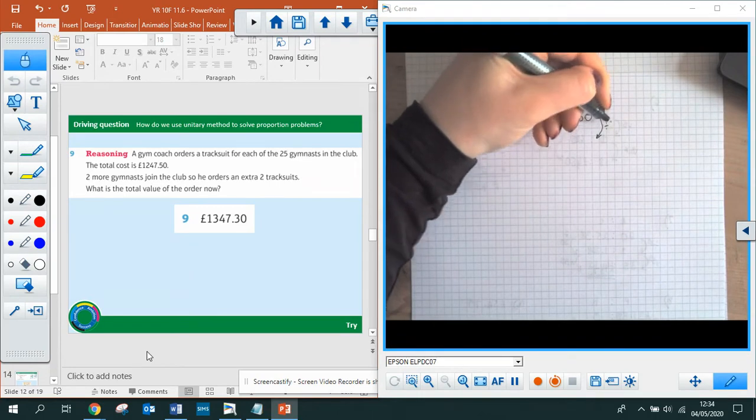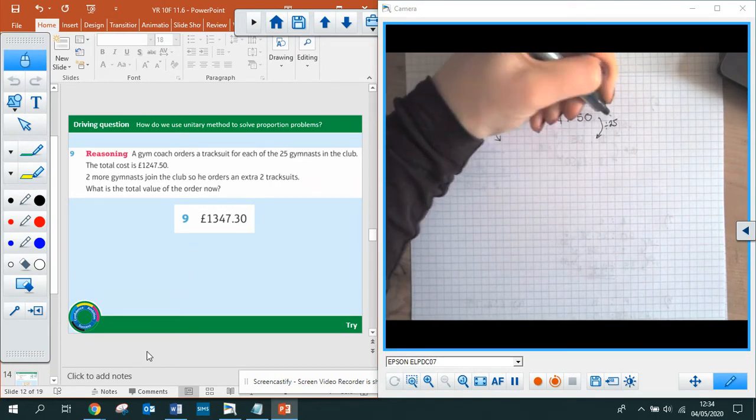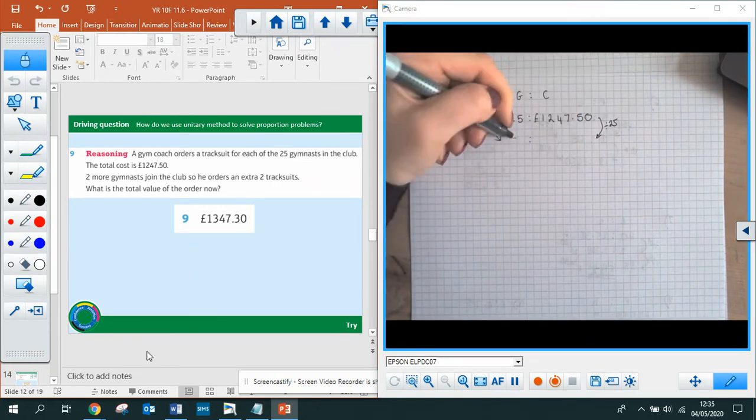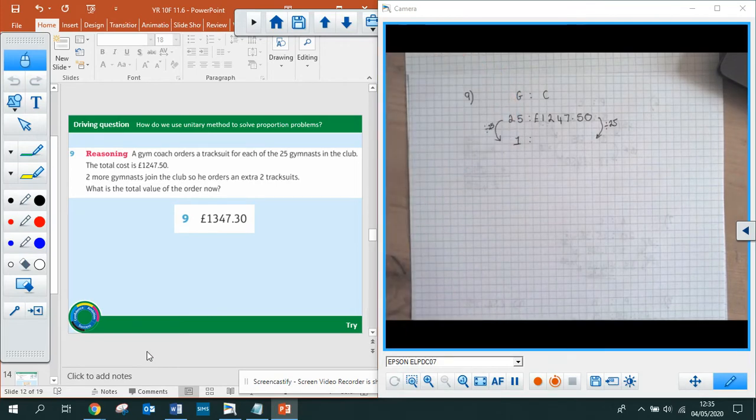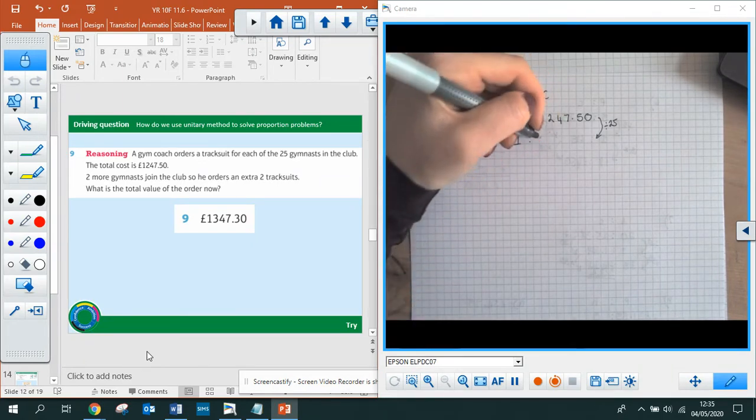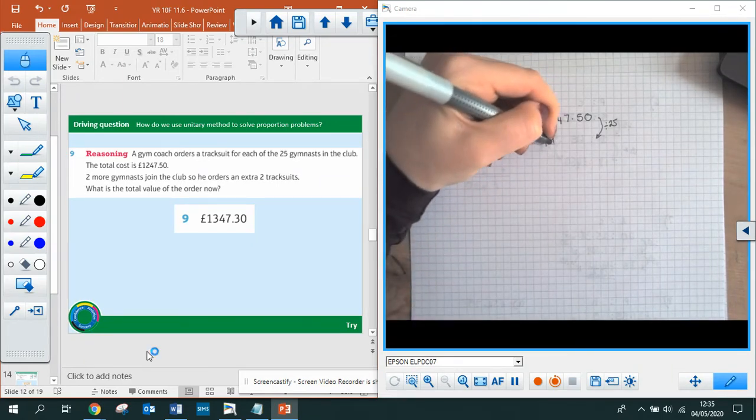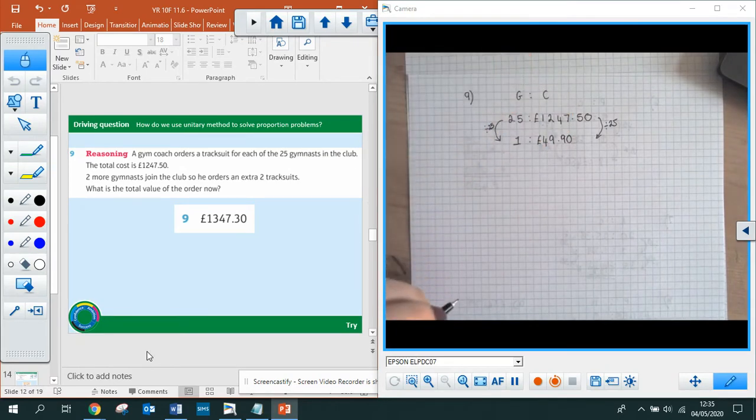Do that to both sides, so it's an equivalent ratio, and we haven't changed it, just simplified. That gives us 1, and then £1,247.50 divided by 25 gives us £49.90. Okay, so it's £49.90 per tracksuit.